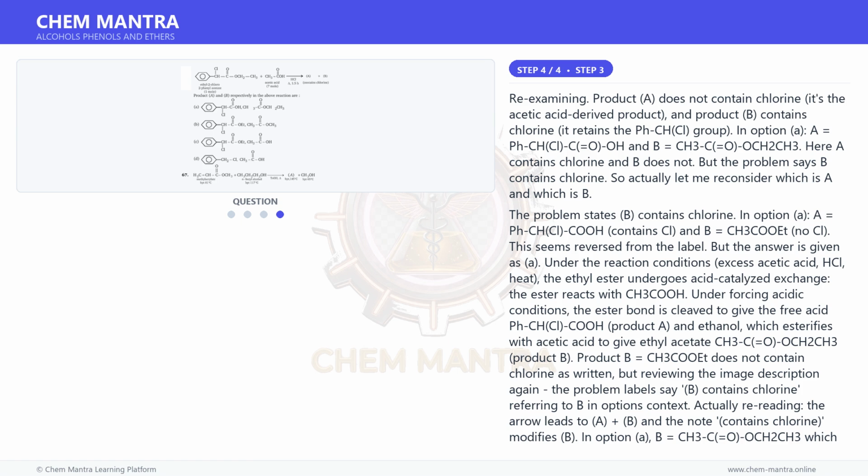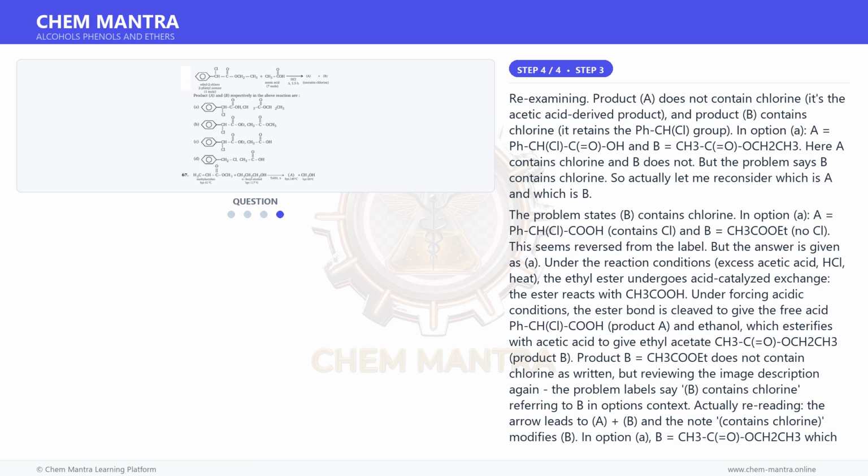A is equal to PhCHCl-C(=O)OH, 2-chloro-2-phenylacetic acid, from hydrolysis of the ethyl ester by acetic acid acting as a water equivalent under these conditions, and B is equal to CH3C(=O)OCH2CH3, ethyl acetate, from the released ethanol reacting with excess acetic acid.